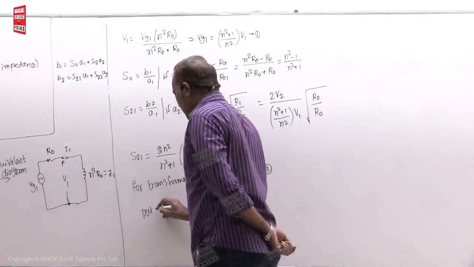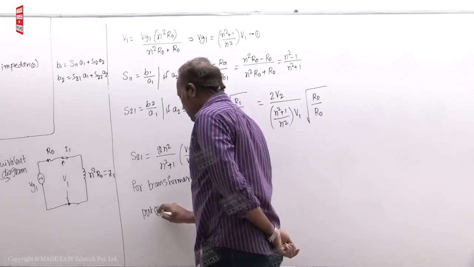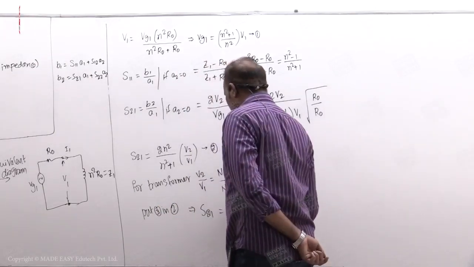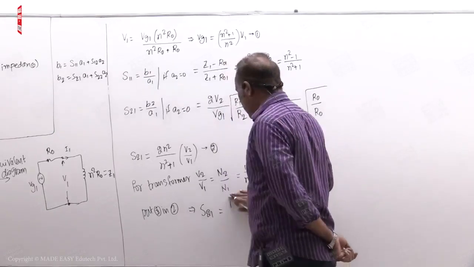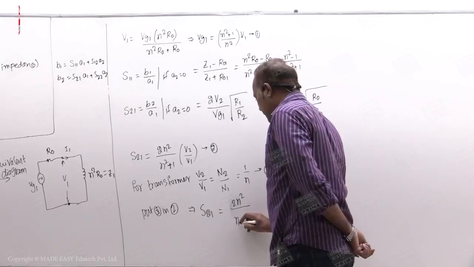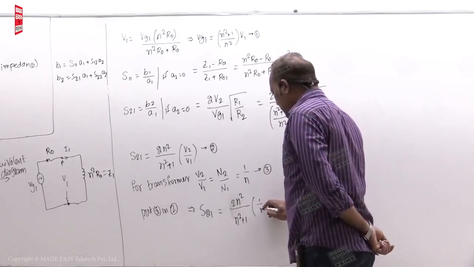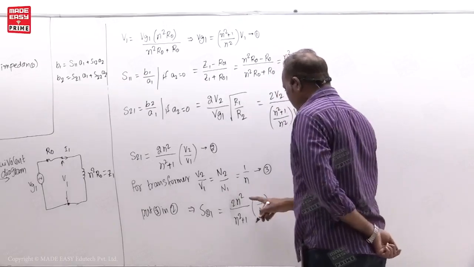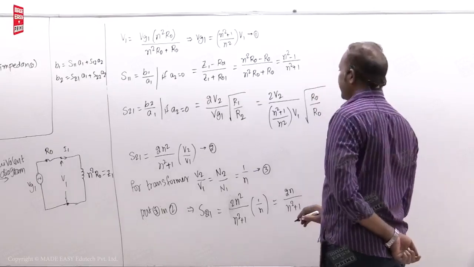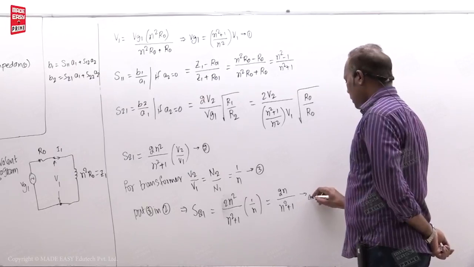Put 3 in 2. That implies S21 is equal to 2 times N square divided by N square plus 1 into V2 by V1, which is 1 by N. So that is equal to, with cancellation, 2N by N square plus 1. So this is equation 4.